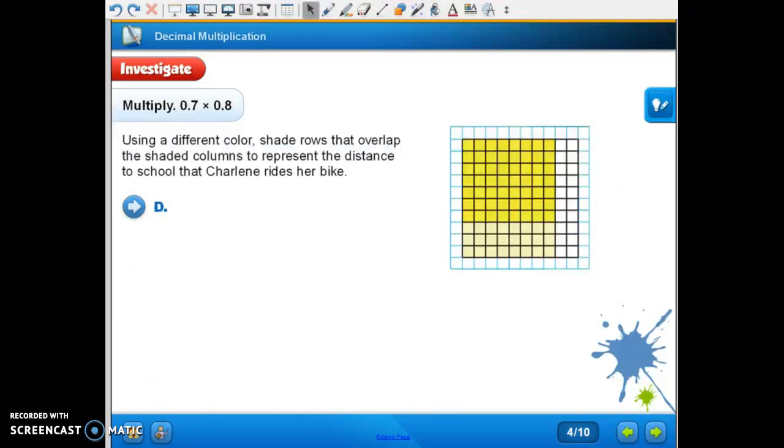Using a different color, shade rows that overlap the shaded column to represent the distance to the school that Charlene rides on her bike. So how many of those are we going to color in a different color? How far did she ride her bike? 7/10. So color in. Now look, you're going to stop right there, and you're going to go down 7 of these.